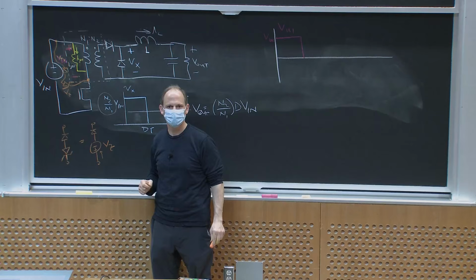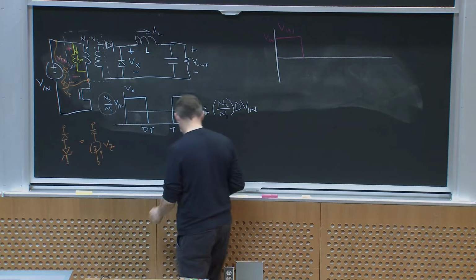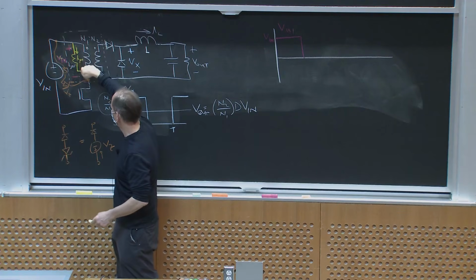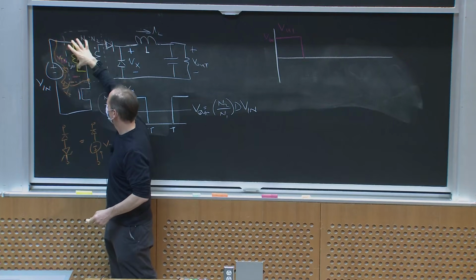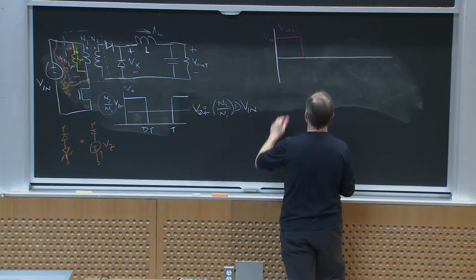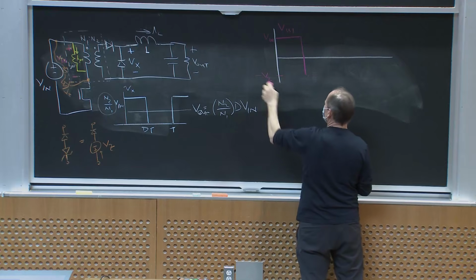Does that make sense to everybody? So what would happen here if I did this? When the switch turns off, IMU1 is going to flow this way, and the voltage across the primary is going to go to minus VZ.